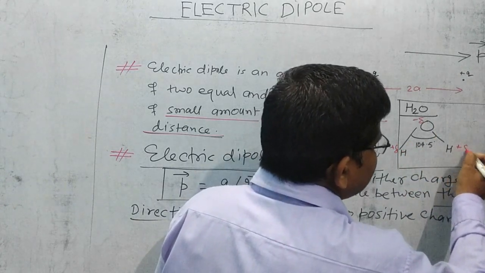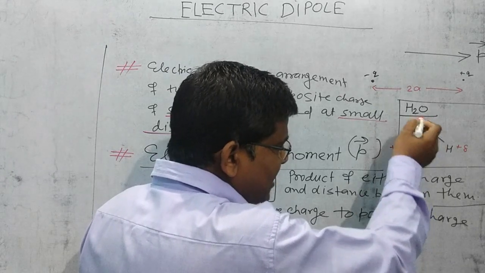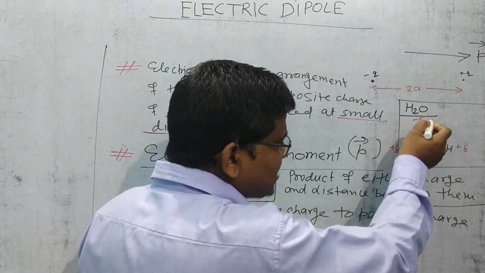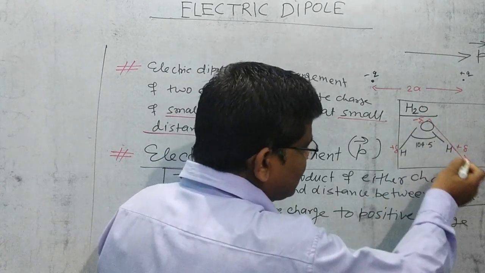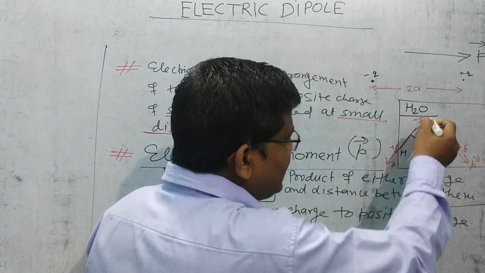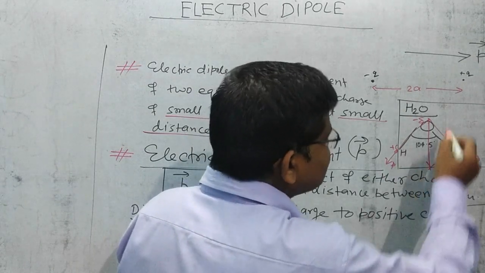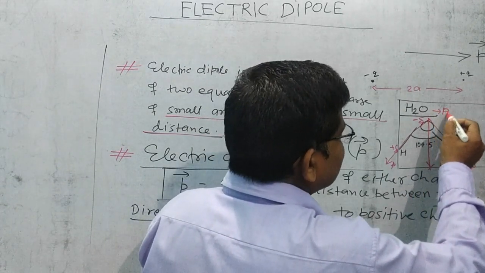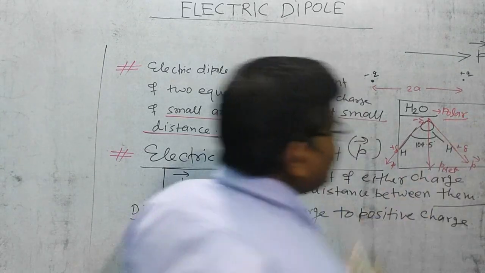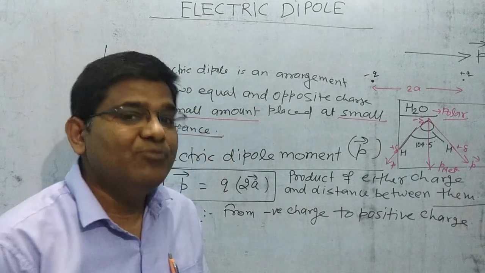The dipole is from minus charge to plus charge, so this is one dipole and this is the other dipole, and the net dipole is this. This means H2O is a polar molecule because it has a net electric dipole moment.